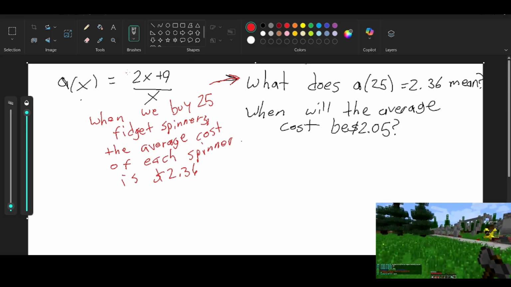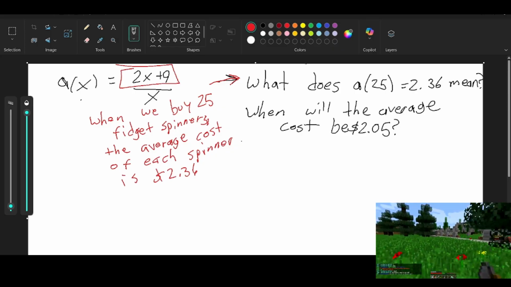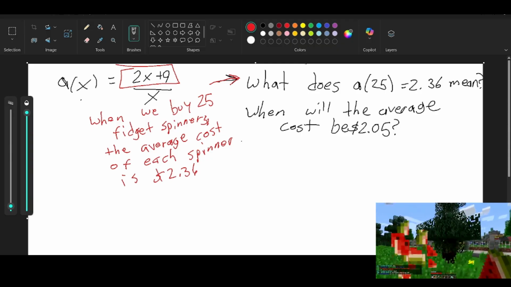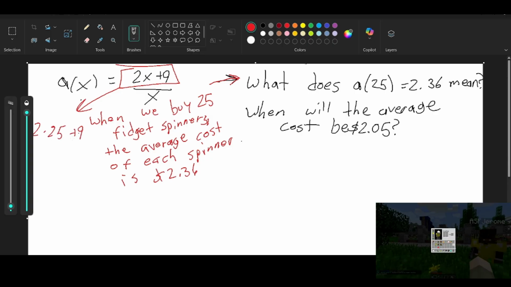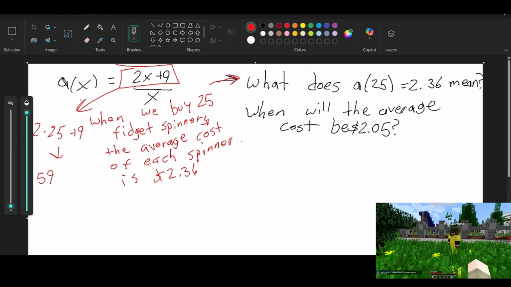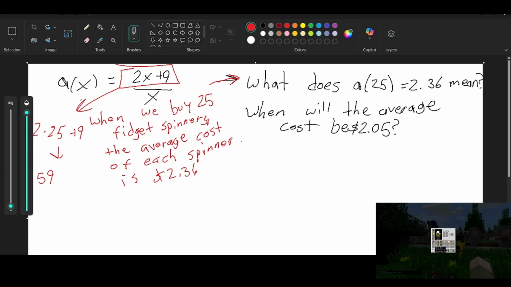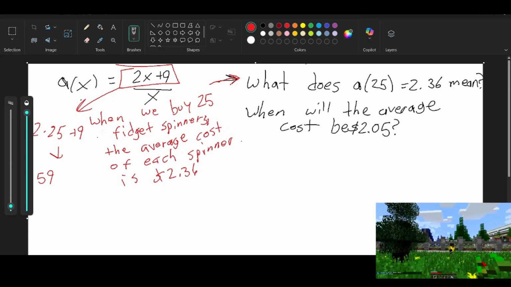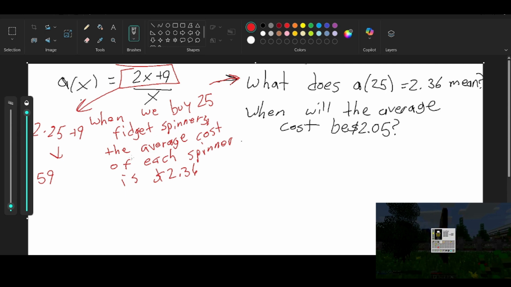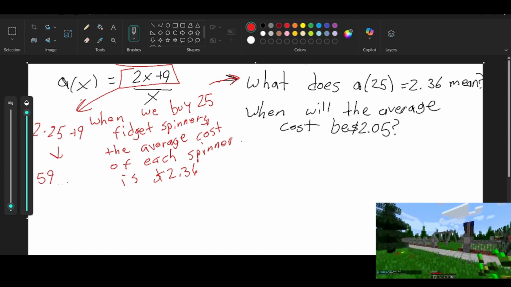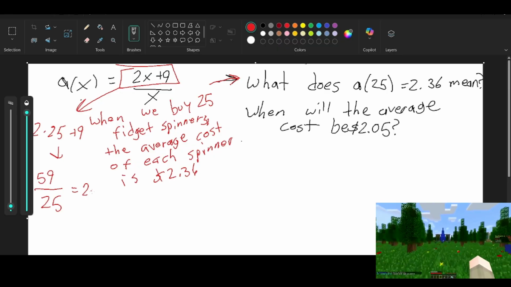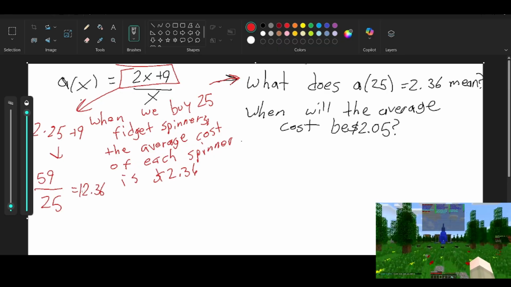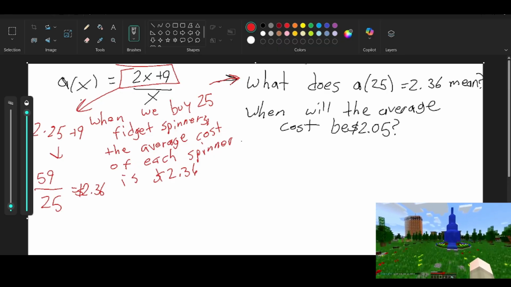This top part of our fraction is just the total cost of buying everything. So if I bought 25 fidget spinners, that's 2 times 25 plus 9, which is just 59. But it's not costing $59 per fidget spinner. That's being divided 25 ways, so that technically we're only paying $2.36 per fidget spinner.